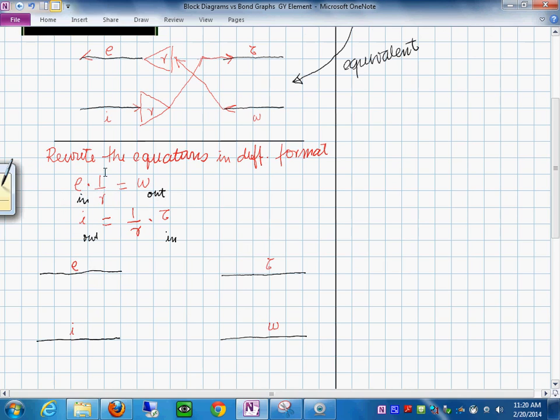But look at the equations. E is in, multiplied by 1 over R, like this, and produces omega, which is down here.